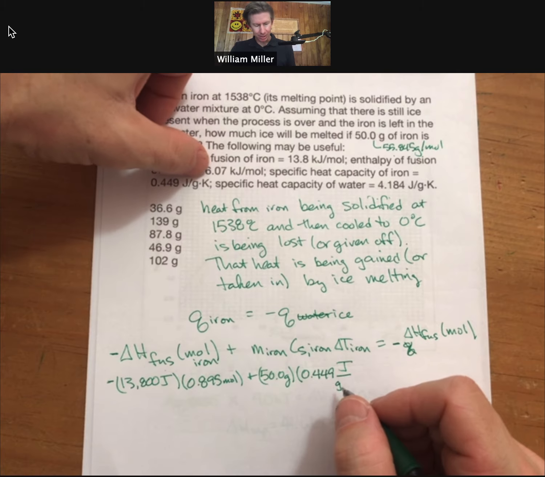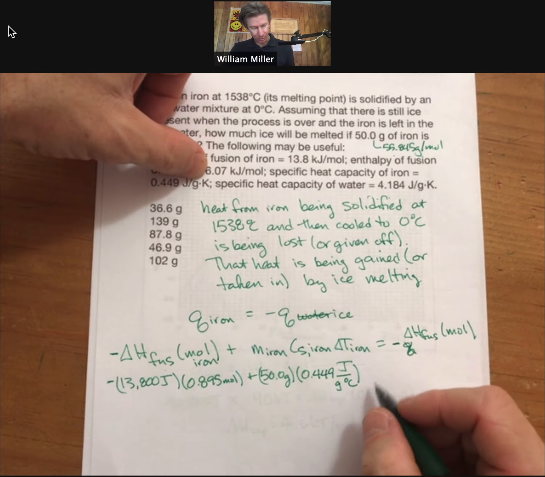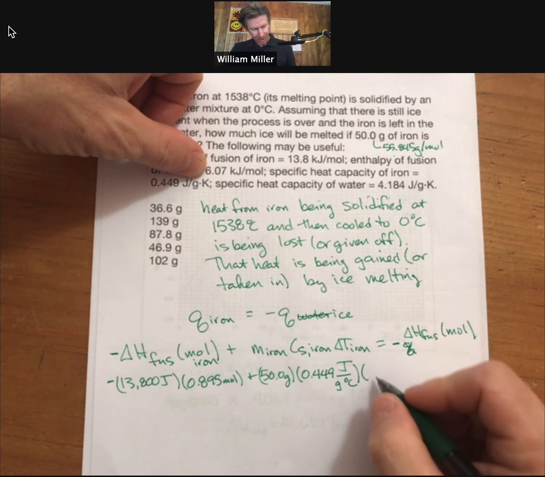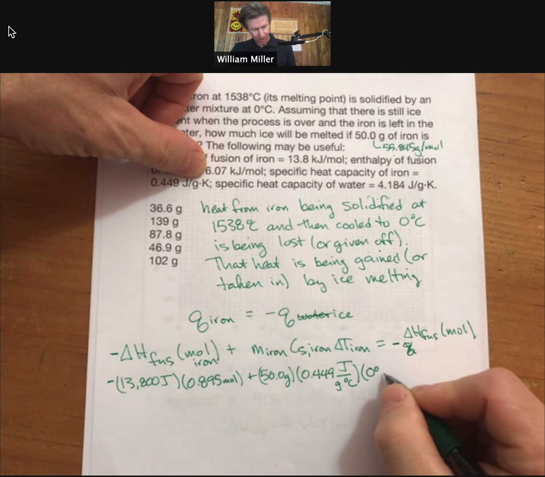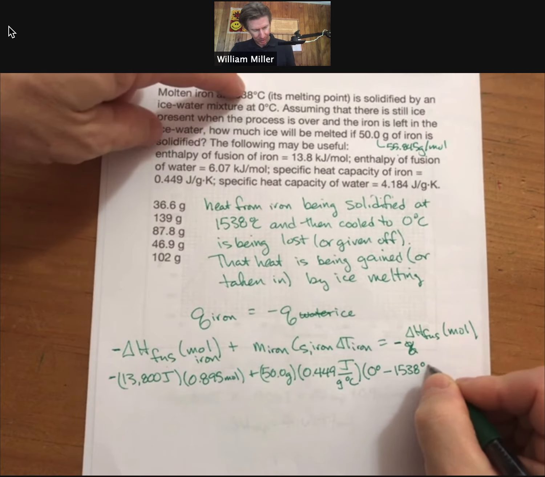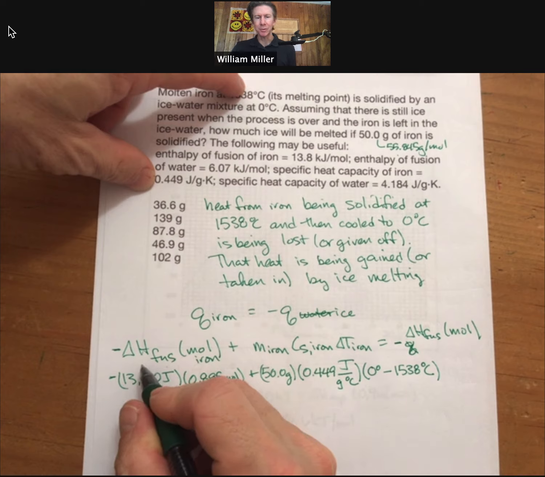That Kelvin and the degrees Celsius are the same size, so we can use them interchangeably. And the delta T, final T is going to be 0 degrees, initial T is going to be 1538 degrees Celsius. So now I've got just this left-hand side so far.